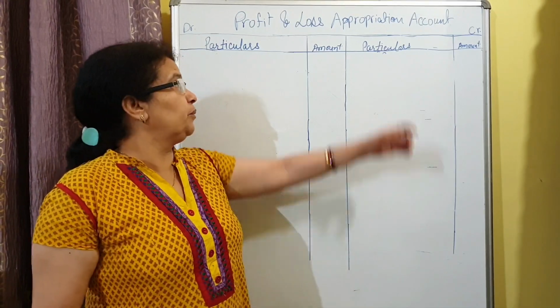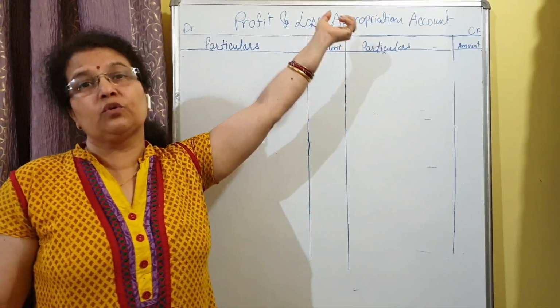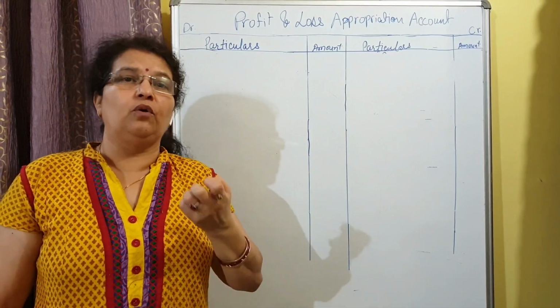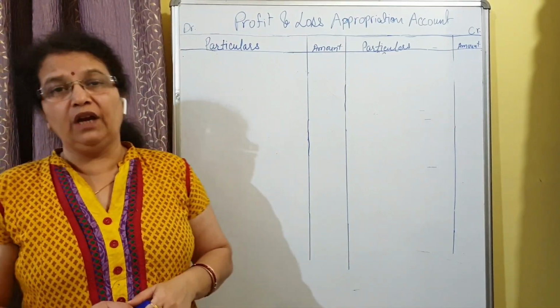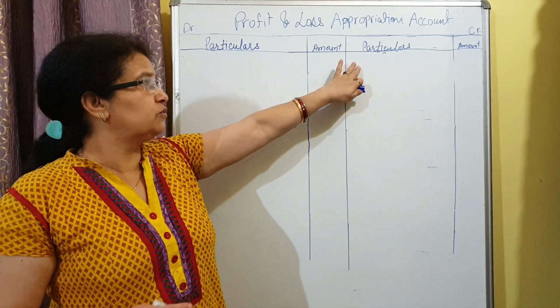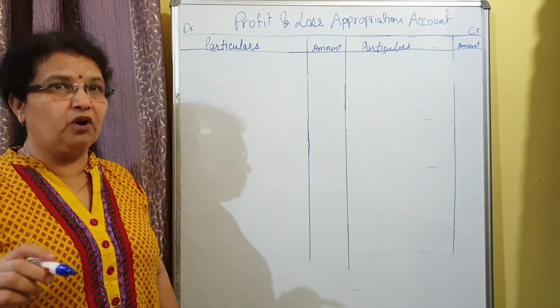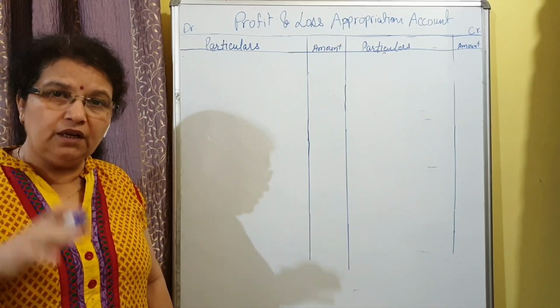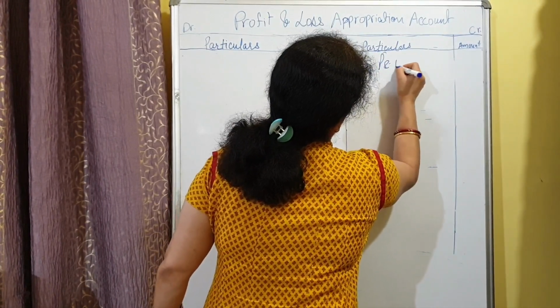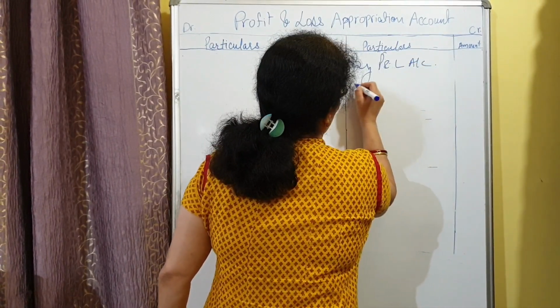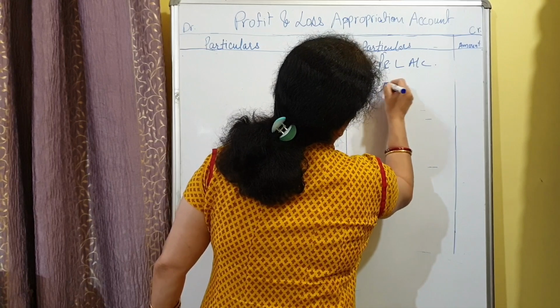Now we have to make the profit and loss appropriation account, which shows the divisible profit or the profit distribution among the partners. Firstly, what we have to do? First we have to write the profit which comes from the profit and loss account, so by profit and loss account or net profit.